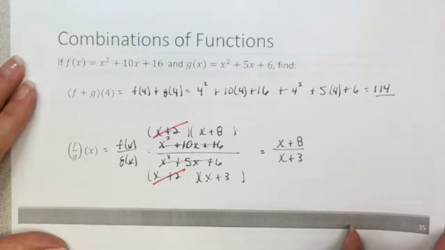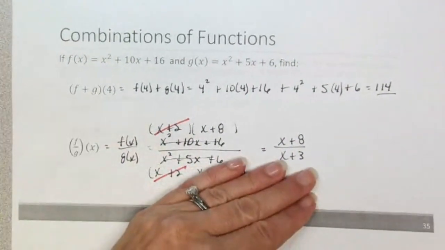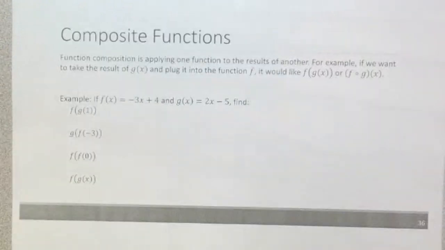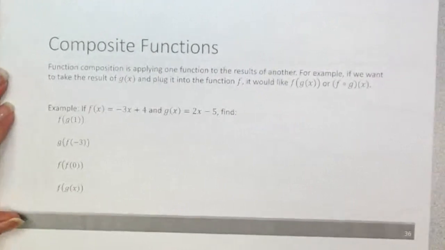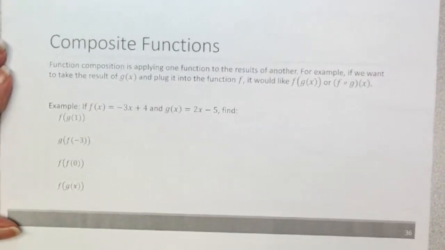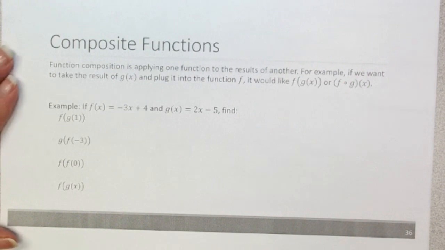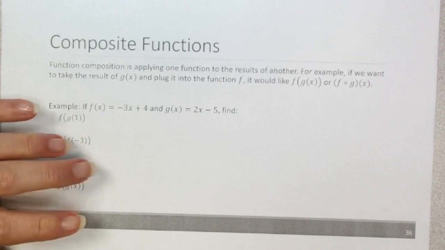All right, so there's nothing too crazy about combining functions, just performing operations on functions. Let's take a look now at composing functions, or function compositions. When we compose functions, we're applying one function to the output of another function, or taking the output of one function and making it the input to another function. Another way of saying that is the output of one function will become the value for x in the other function.